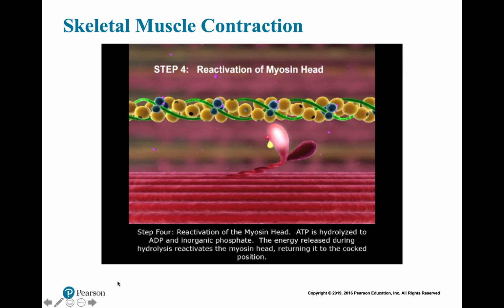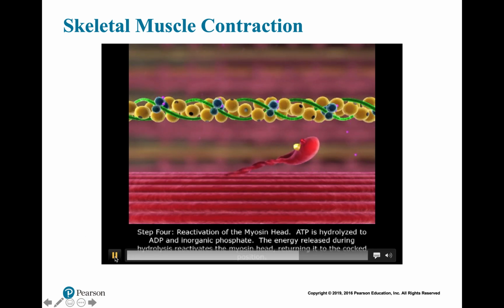The energy released during hydrolysis reactivates the myosin head, returning it to the cocked position. All right, so how does the myosin head return to the cocked position? Hydrolysis of ATP. When ATP gets hydrolyzed into ADP and phosphate, that energy gets released from the bond into the myosin head, and it goes into the cocked position.